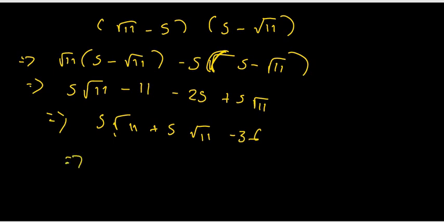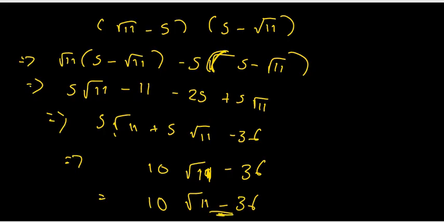Then from there you can clearly see that they will give us 10 root of 11 minus 36. Okay, so from there you can just write it like this, so that it can be clear. They mean that you are done instead of that one. But if it was like that one, you can solve it the way it was. But if it is like this one, you solve it like the way we have done. So this is the correct way according to the question which is in your tutorial sheet. Okay, let's proceed to the next question.